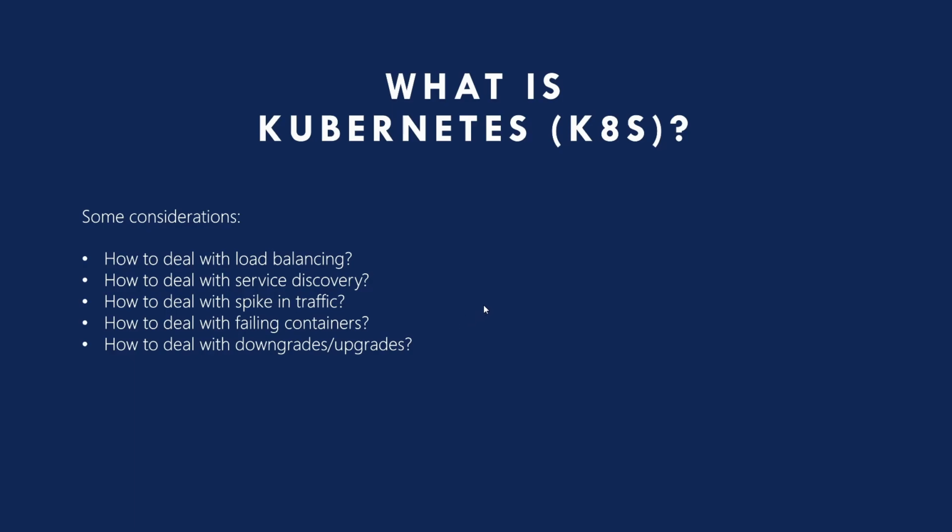And this is where Kubernetes comes in handy. Kubernetes has lots of these things built into itself, so you don't have to build anything yourself. You just need to pretty much plug and play. You can make use of whatever exists today in Kubernetes, so it really helps to alleviate the pressure on your side.